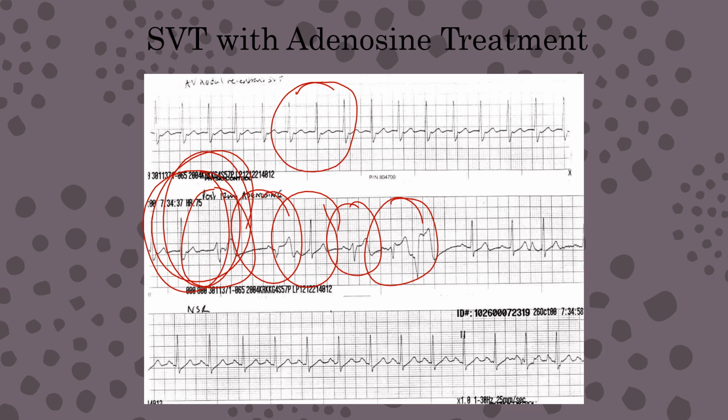Basically the medicine is trying to stop that ectopic focus. And then you get a conversion down here. You can see where the SA node comes in and takes over again, and you've got a sinus rhythm basically. So this is just an example of SVT with adenosine treatment.